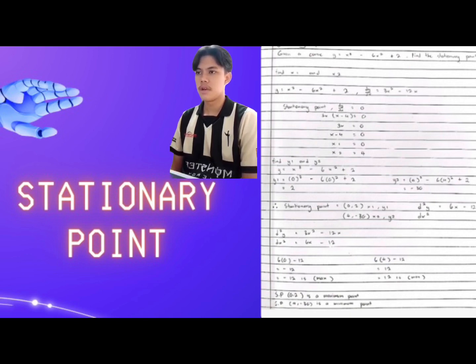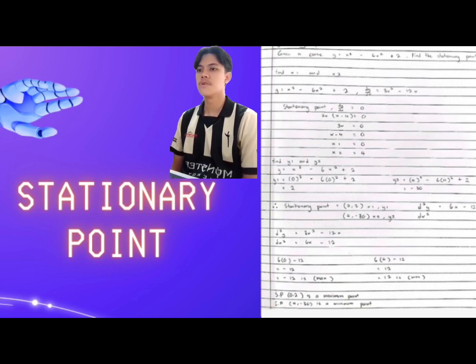So x we replace with 0 for y1 and 4 for y2. So for y1 the answer is 2 and y2 is negative 13. Stationary points are (0, 2) for x1, y1, and (4, negative 13) for x2, y2.